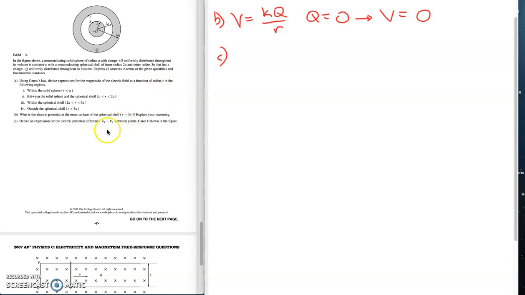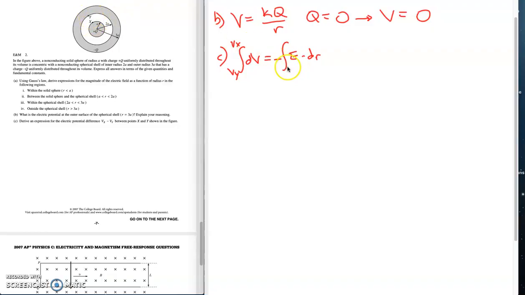For part C, we want to have the electric potential difference Vx minus Vy. So what we want is Vx and Vy dV, and it makes sense for us to use the integral of E dot dr. Don't forget the minus sign, that's part of the equation. And we want to start on y and end at x.